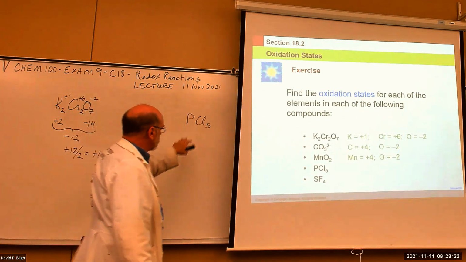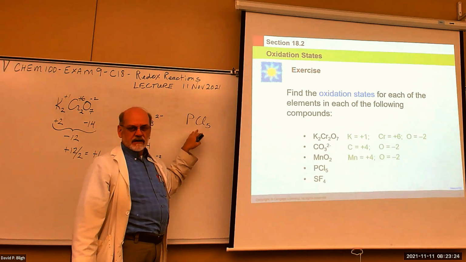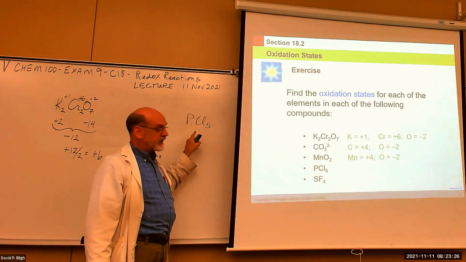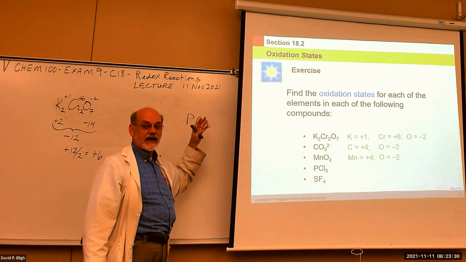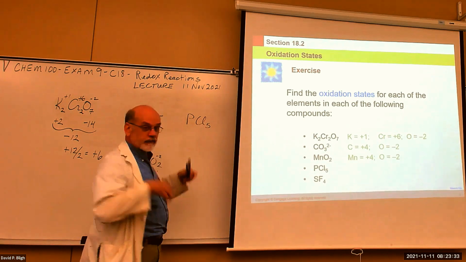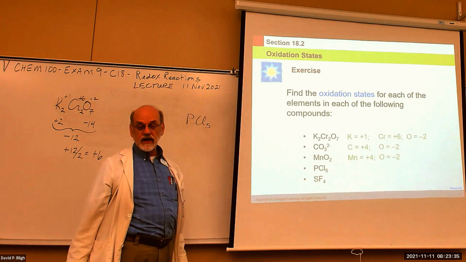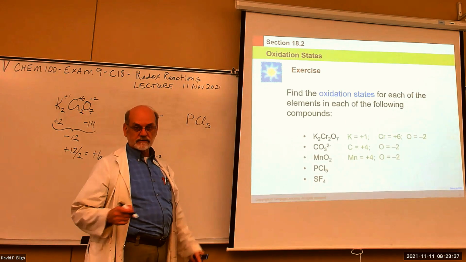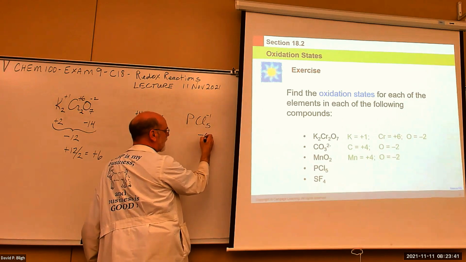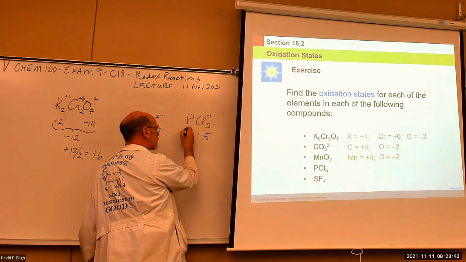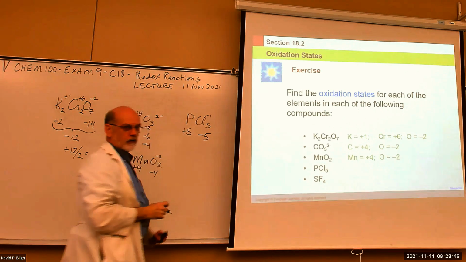When you find chlorine in a compound like this, assume that chlorine is -1, just like fluorine, the halogens. If we don't do that, then we're stuck. We can't go any further. So we have to assume that chlorine is -1, which is -5 total, which means +5 for phosphorus.